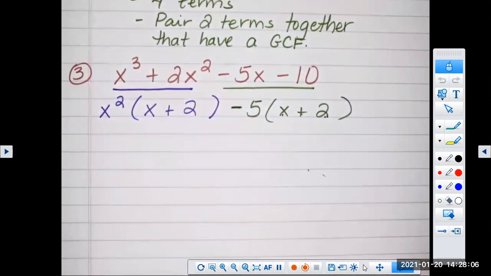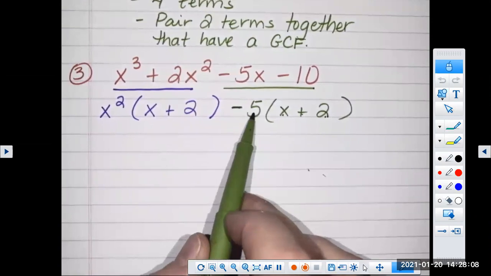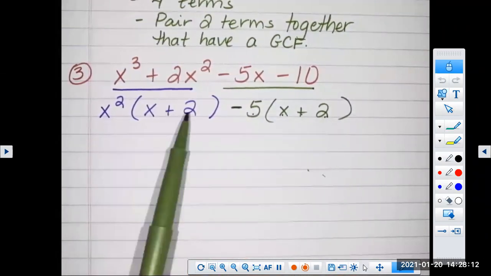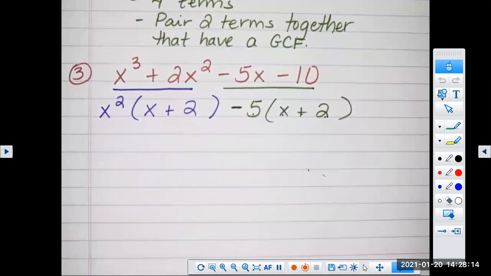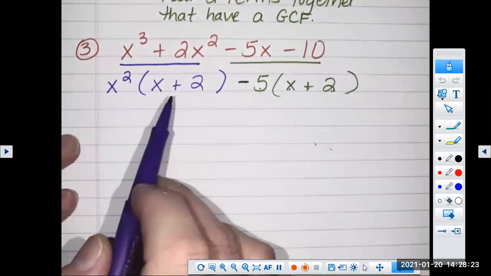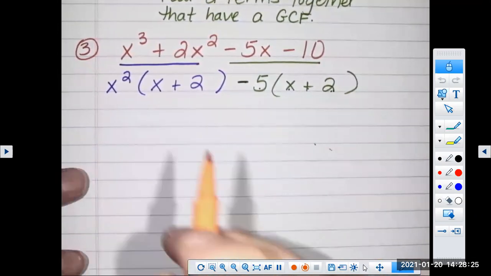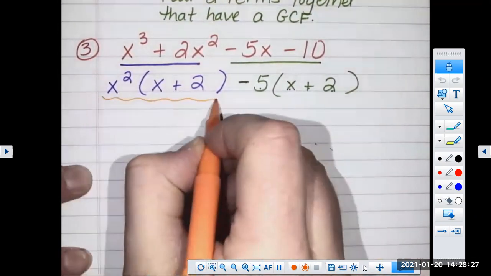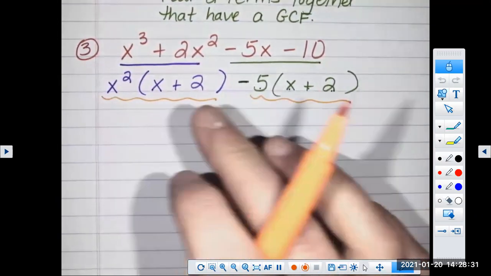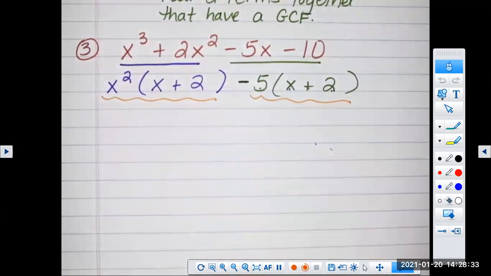Now, another reason I factored out a -5, it left me with the same thing in parentheses as I have here, and that's what you want. If you don't end up with that, then it won't factor and you have to solve it by graphing. But we'll talk about that later. All right, now from this point, you've got this is 1 term and you have this is 1 term. What do they both have in common that you can factor out?